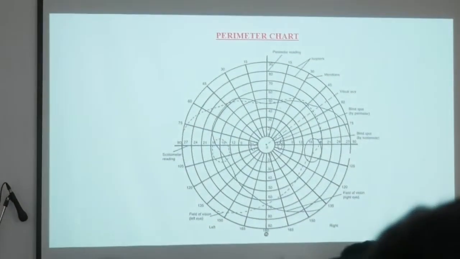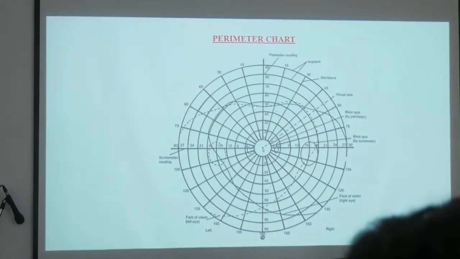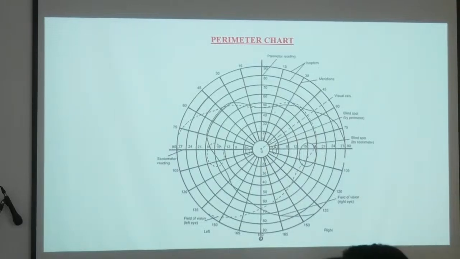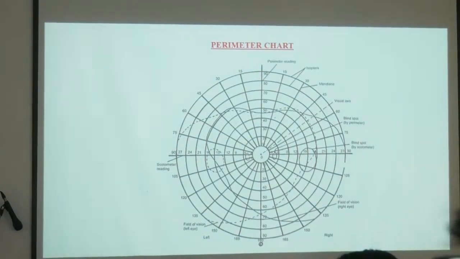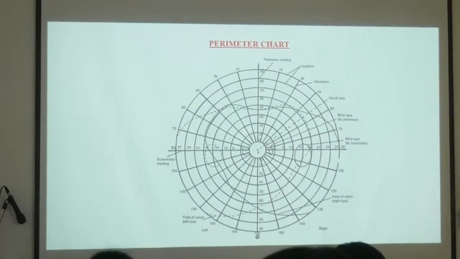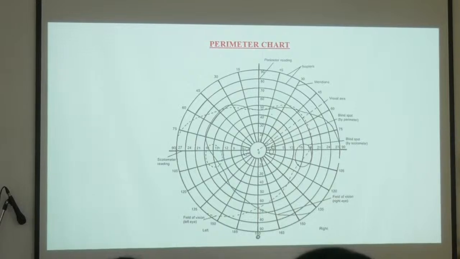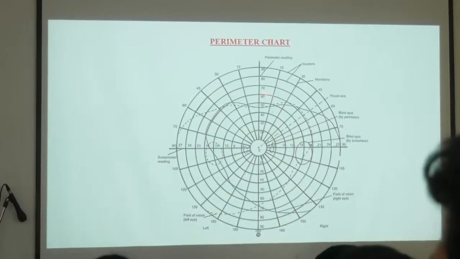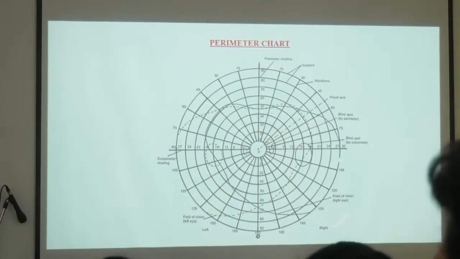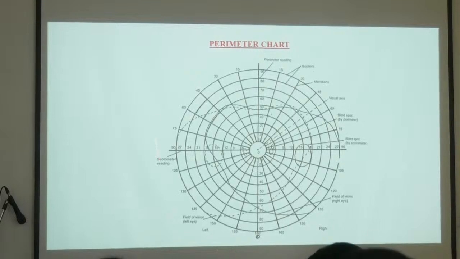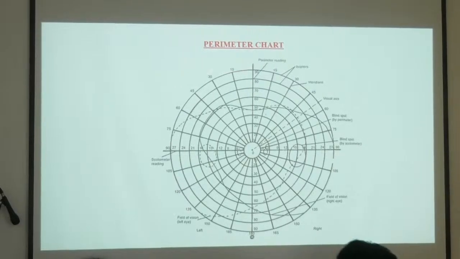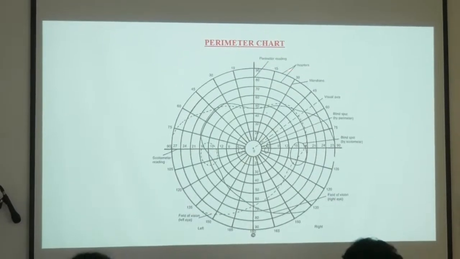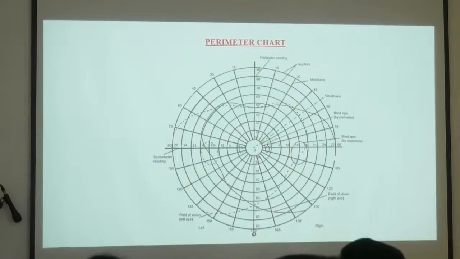Now here is the perimetry chart. You can see this. There are concentric circles, and these concentric circles are called isopters.